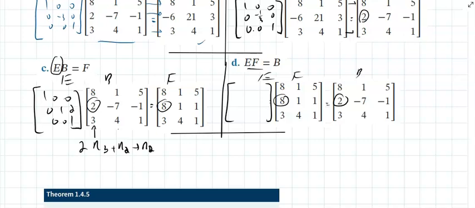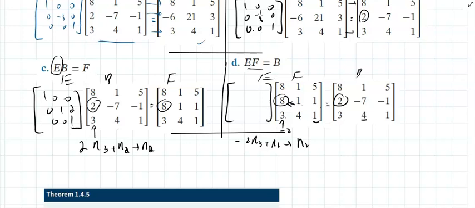Now, what do you do to this? If I multiply this by a -2, that would be -6. -8 plus 1 is -7, and -2 plus, okay, there it is. So if you take -2 times row 3, add it to row 2, put the result in row 2.